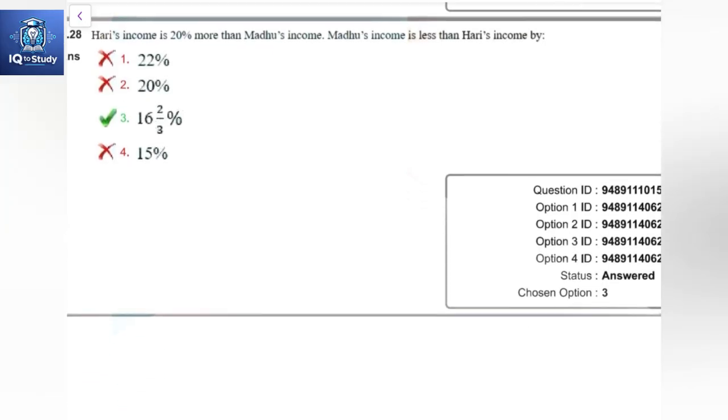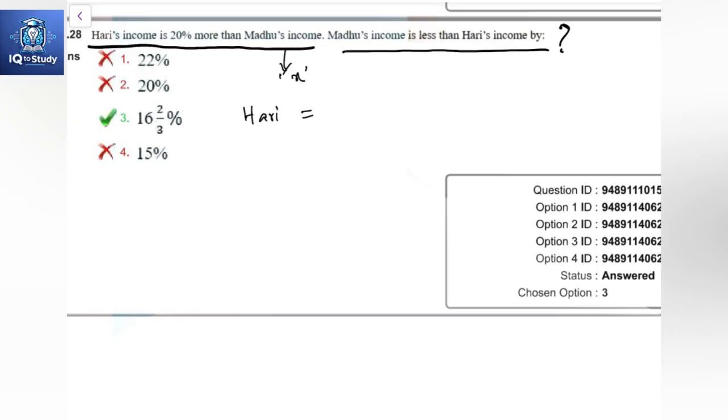Hari's income is 20% more than Madhu's income. Madhu's income is less than Hari's income by what percent? Let Madhu's income be x. So Hari's income is equal to 20% x plus x.